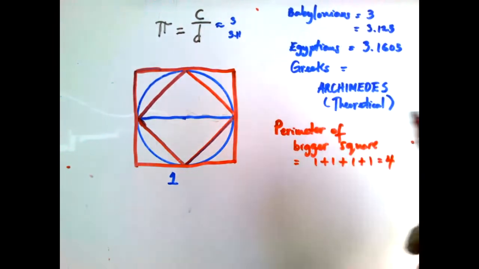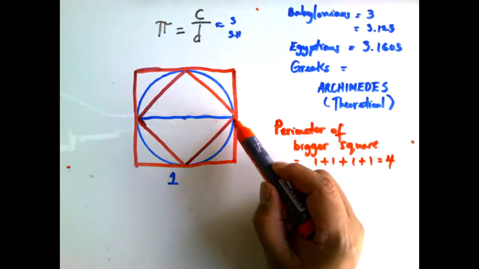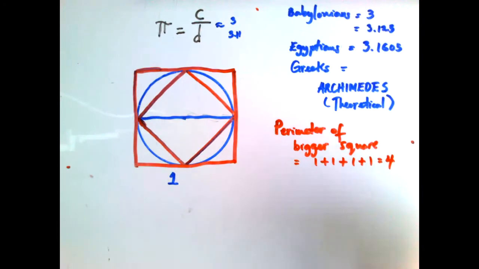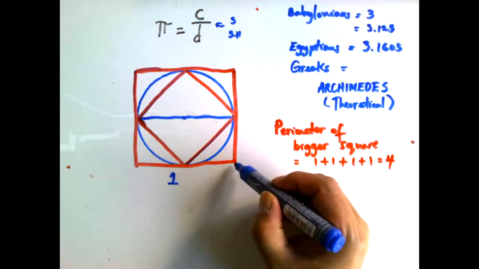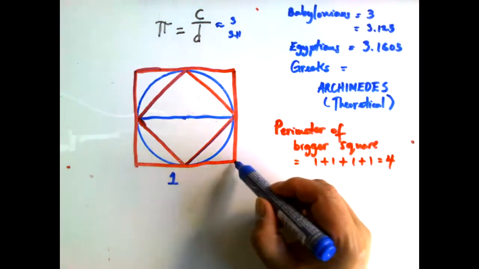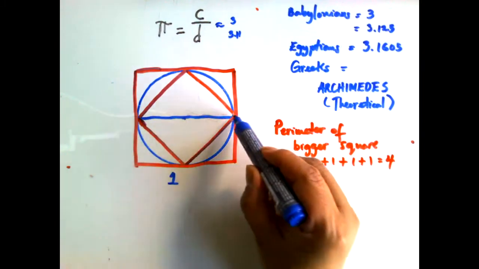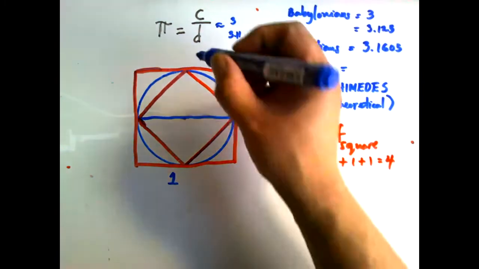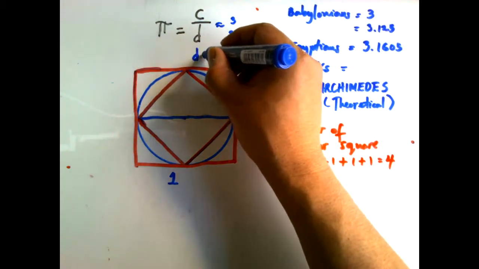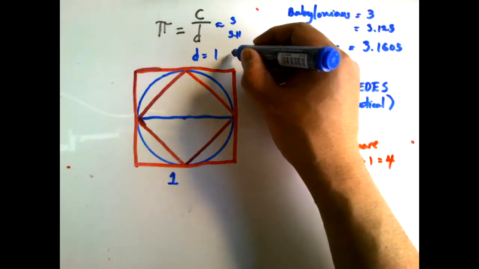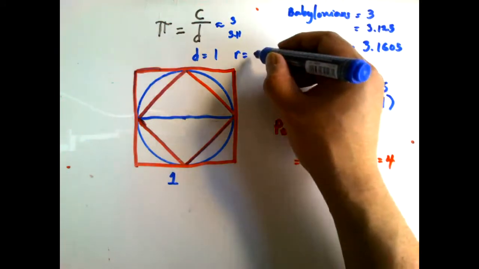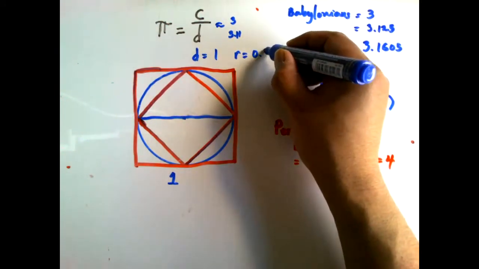And then what Archimedes did is also work out the perimeter of the smaller square. And so, how do we do that? Well, we know that the side of the square is 1, but that's also the length of the diameter. So in this case, the diameter is really 1, and the radius would be half of the diameter, which is really one half, or 0.5.